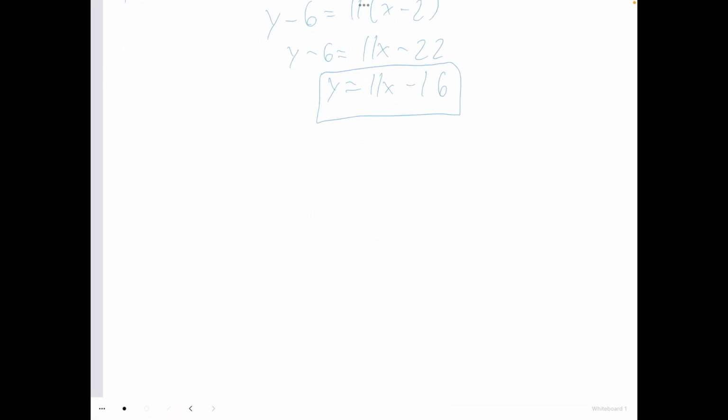So let's look at another example. Next we want to find the derivative of y equals the square root of x.